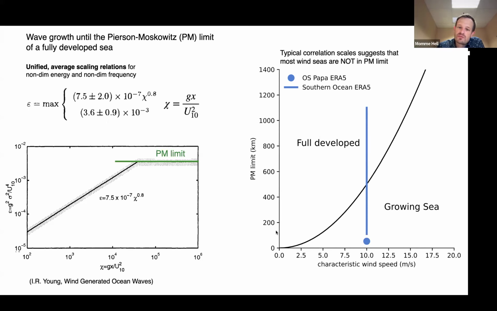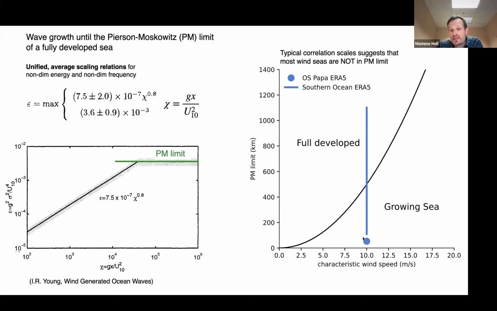nearly never in equilibrium. So if you look at what the Pierson-Moskowitz limit is, that's the black line here, for a given wind speed, let's say a 10 meter wind speed, then the Pierson-Moskowitz limit is somewhere at 500 kilometers. And everything above this line is a so-called fully developed sea, where waves forget the length of the fetch, and everything below this line is still a growing sea, where waves still grow.